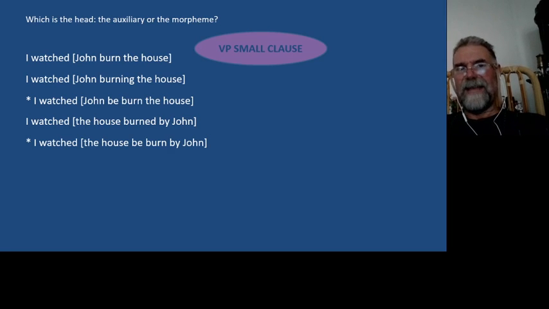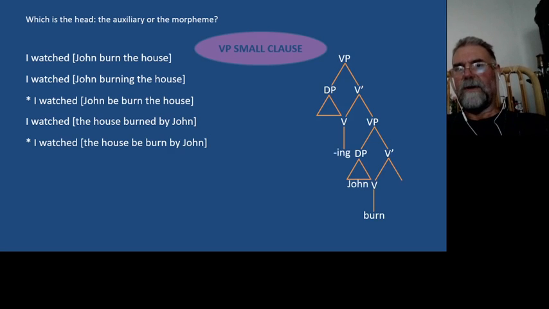morpheme which is the central part of these aspectual elements, and therefore we could analyze these structures here, these small clause verb phrases, as we see here. Okay, we have a verb phrase lower down.